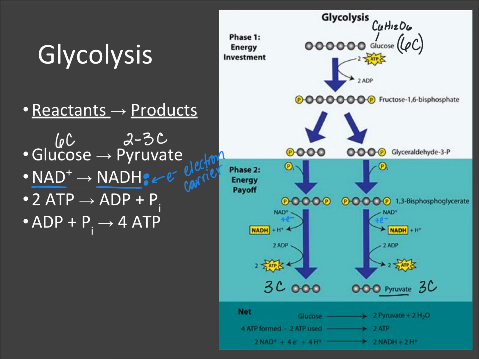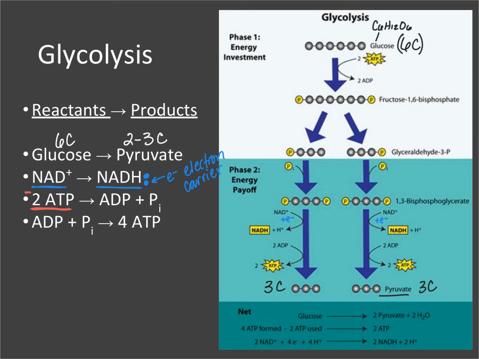Now, in glycolysis, we actually have to have a little bit of an input of energy in order to get the reaction started. We have to put 2 ATP into the reaction to start breaking down that glucose. We can think of this as a -2 for ATP because you have to invest some ATP to get things started.